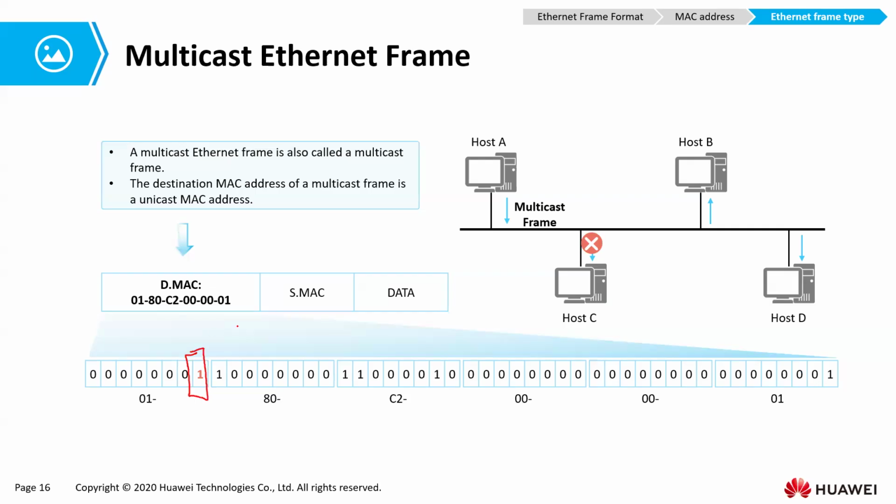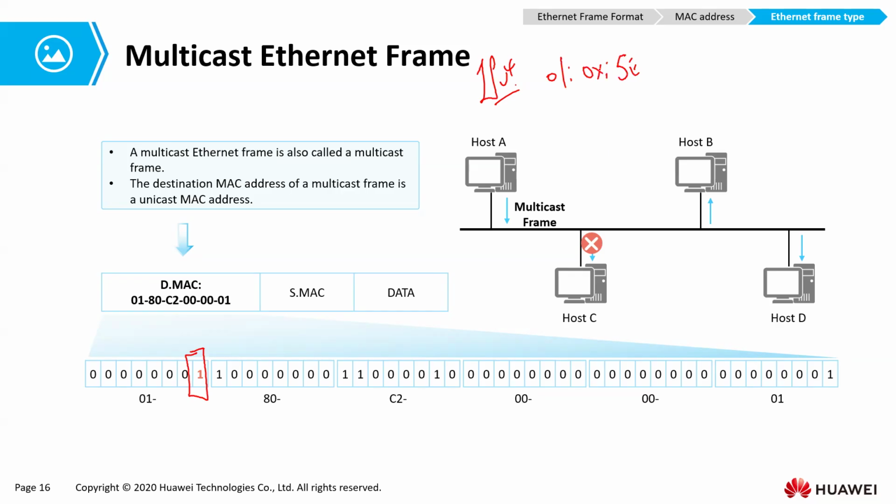I think the most common multicast frame is the IPv4 multicast frame. I've seen this one in a number of questions. It's usually 01, 00, 5E.